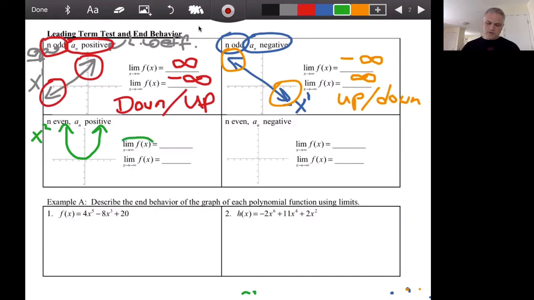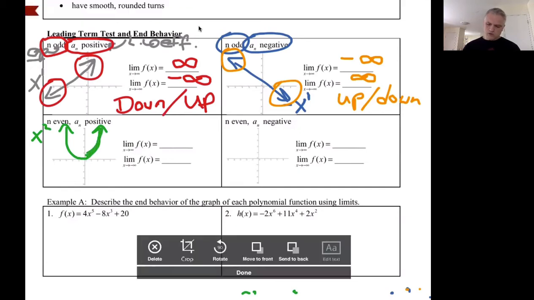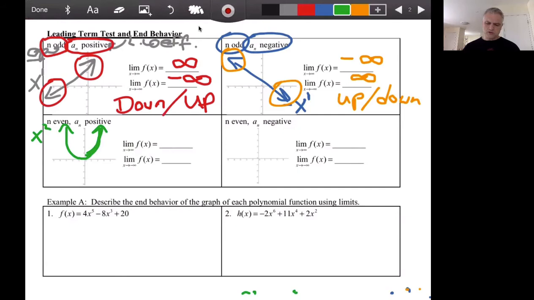So the limit of f of x, or where is y going, when x approaches infinity. As this graph is going to the right, where is your f of x approaching? Where is y approaching? Well, it's going up.